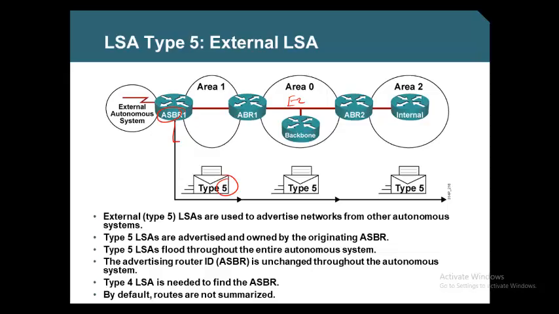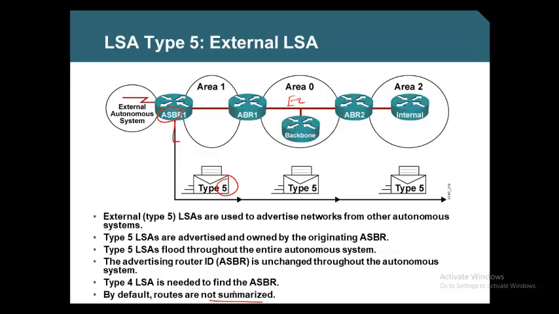And again, these external networks, when they enter, are also not summarized. If you want, you need to do ASBR summarization. We will be learning that later. If you want to summarize all the external networks, then you have to do ASBR summarization.